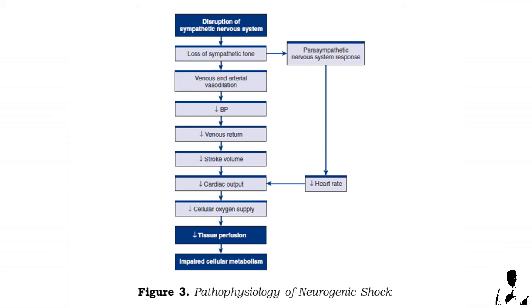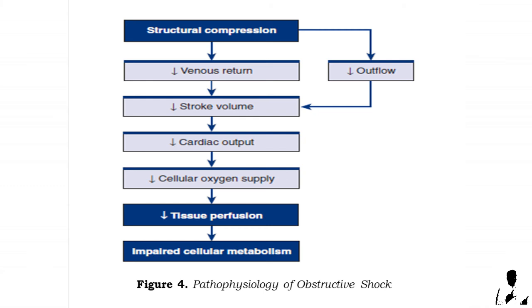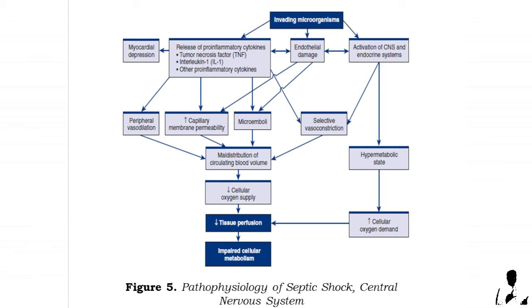General pathophysiology of neurogenic shock. Figure 4. General pathophysiology of obstructive shock. And Figure 5. General pathophysiology of septic shock. For instance, central nervous system.